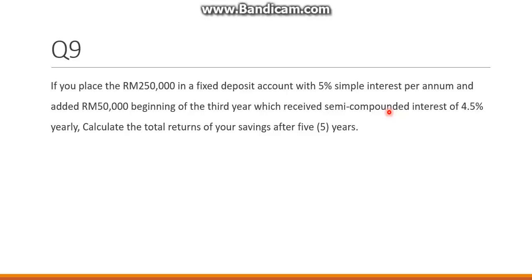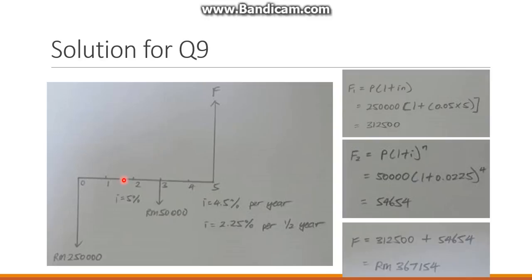First of all, we draw the cash flow diagram. At the moment n equals 0, we place 250,000 into the account, and after 3 years we add 50,000 into the account, with a different interest rate. For the 250,000, the interest rate is 5% per year.